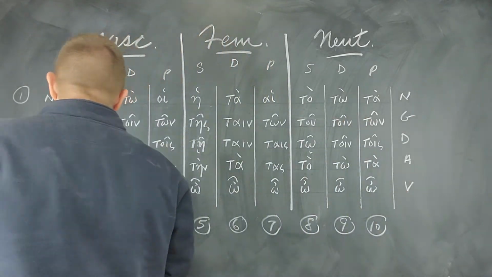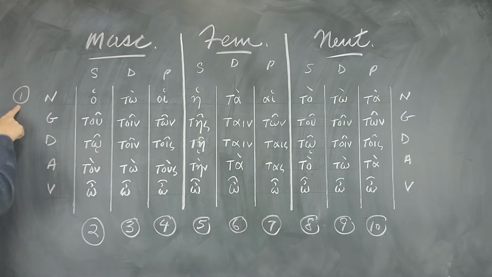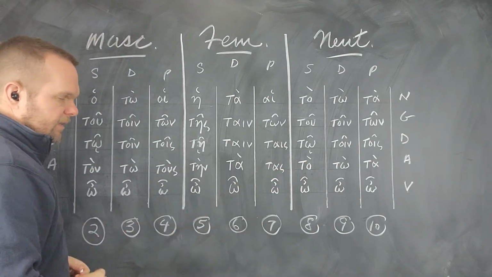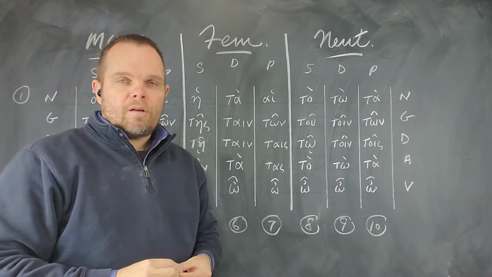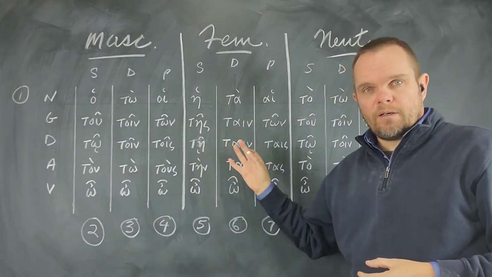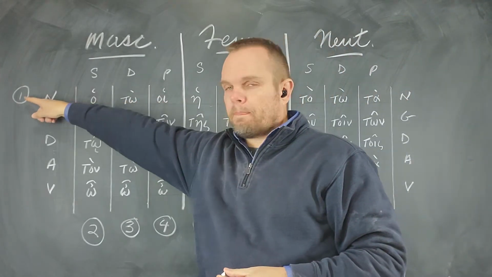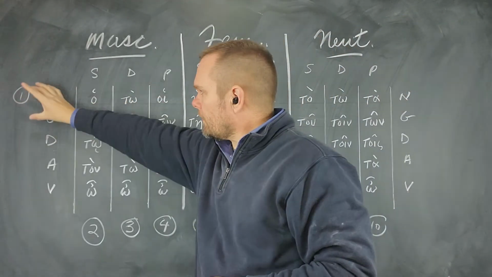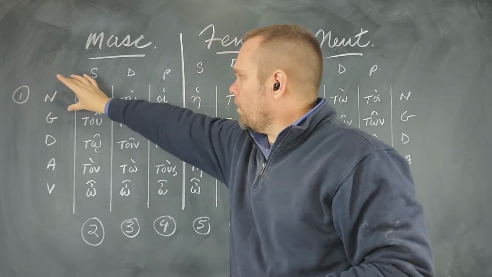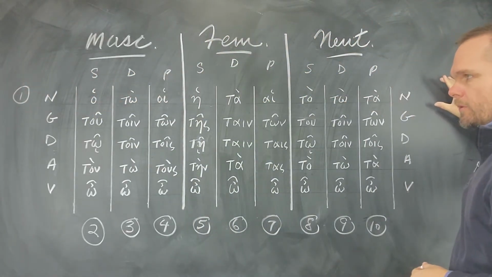If you look around the chart, you'll see that I've placed a number 1 over here, and then 2, 3, 4, 5 on to 10. What we're going to do as you memorize the declension of the article is you're going to start first here at number 1, and you're going to memorize all of the nominative forms, just the nominatives. Okay?